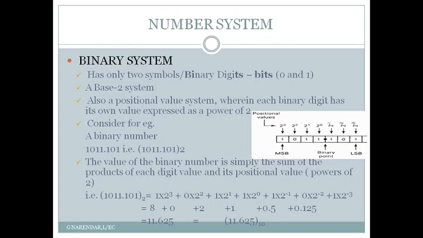So a binary number should always be read as ones and zeros. I have to read it as 1011.101. Since it's a binary number, I can represent it in a particular notation as (1011.101) within parentheses followed by a subscript 2. This notation tells that the number within the parentheses is a binary number.